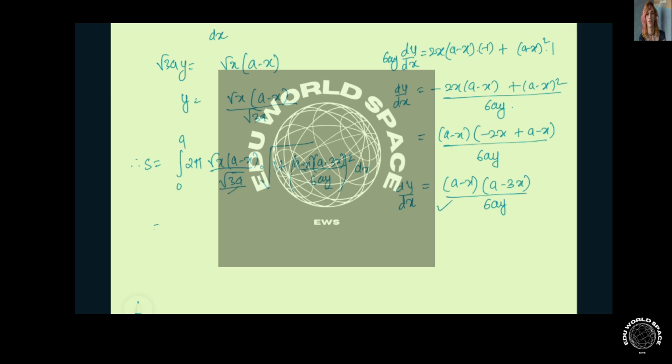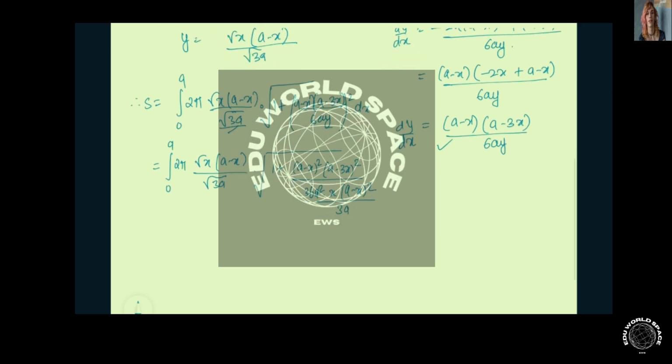So we get the integral from 0 to a of 2π √x (a − x) over √(3a) times the root of 1 + (a − x)²(a − 3x)² divided by 36a²y². So y² value is x(a − x)² upon 3a. Okay, so we can cancel some terms here.